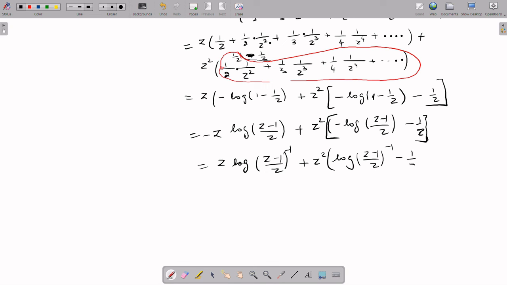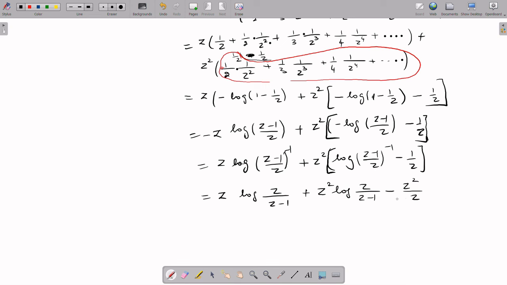Minus 1 by Z you have to write it, and this Z squared is common for these two terms. This is equal to Z into log of Z by Z minus 1 you can take, isn't it? Plus, when you're taking reciprocal, this negative becomes plus, and Z squared is taken inside, Z squared into log of Z by Z minus 1 you can take it, and this Z squared comes here, minus Z squared by Z.